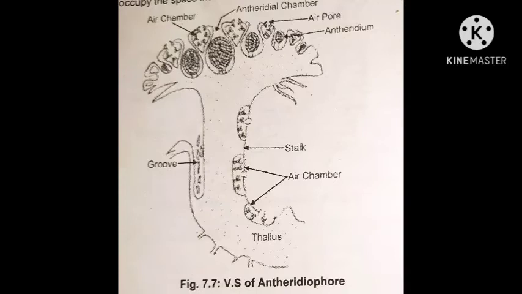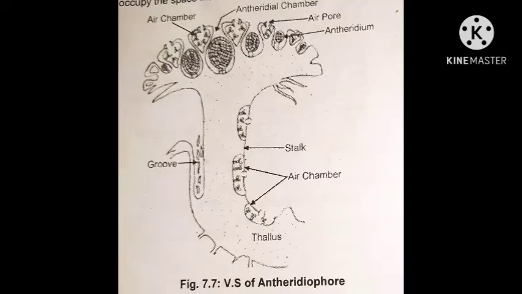Inside that thallus-like structure, the antheridial chamber is present, and that chamber shows the presence of antheridia. The oldest antheridia are near the center, and the youngest antheridia are near the margin. Inside the antheridial cavity, the antheridium is a globular body with a single-layer sterile jacket, and inside there are many antherozoids.